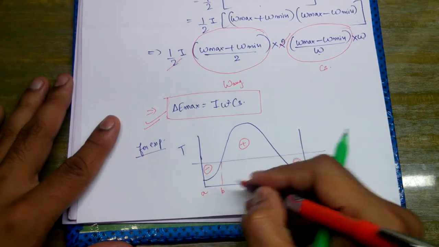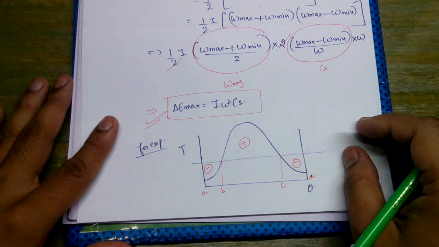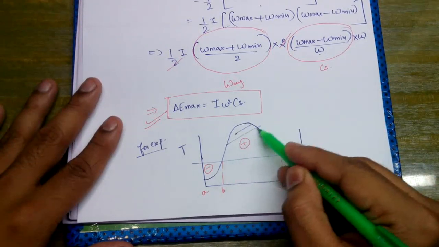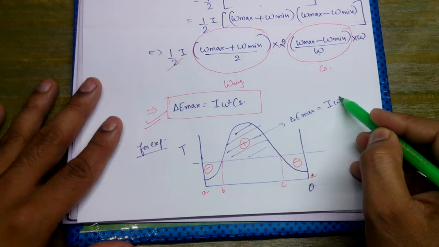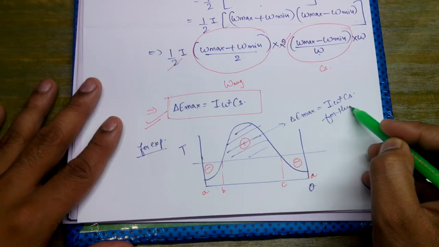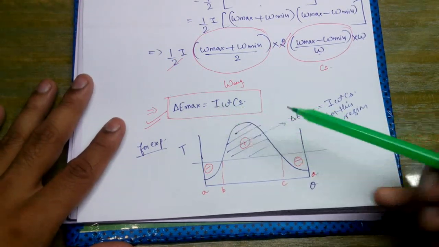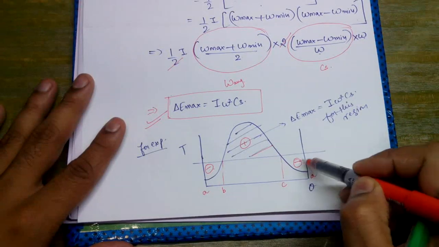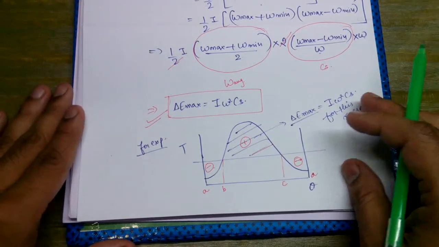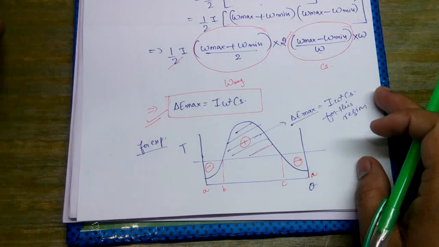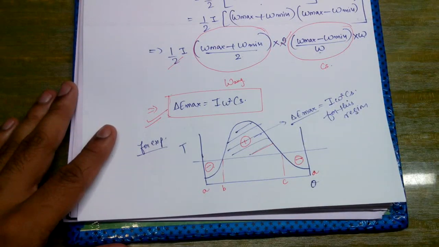This point is A, this is B, this is C, and this is again A. For this region, we apply delta E max is equal to I omega square CS. This is the only region that gives the total energy directly when taken as positive, because the other regions do not affect it, so the energy in this region would be corresponding to delta E max, and we simply write this energy is equal to I omega square CS.